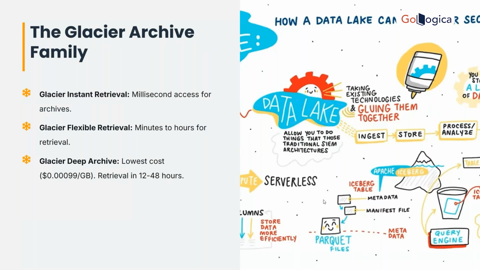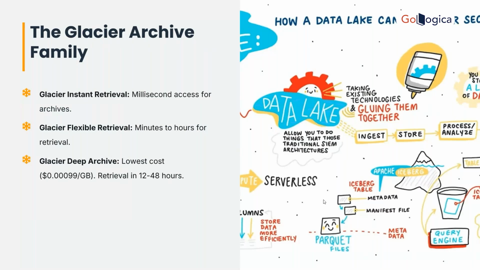Then we have another option, Glacier Flexible Retrieval. Flexible retrieval offers three options: number one is Expedited, number two Standard, number three Bulk. With Expedited retrieval, you can get access to your data within minutes. It will take from 1 to 5 minutes to retrieve your data, not milliseconds, so you first need to restore your data.